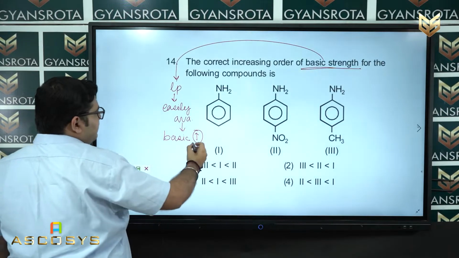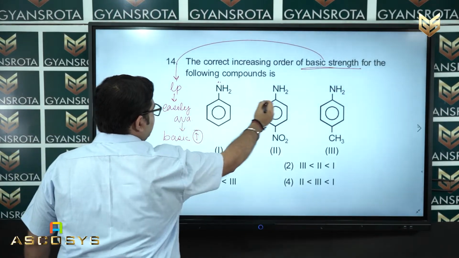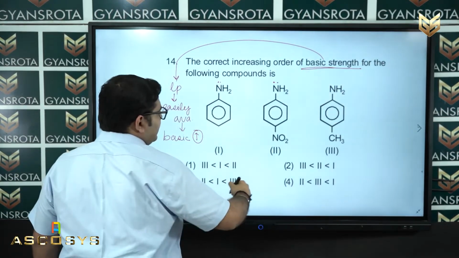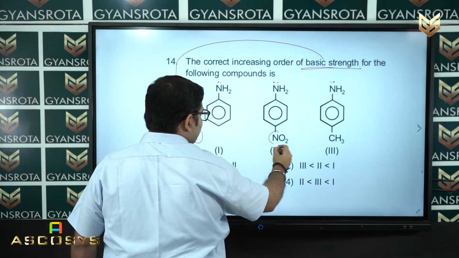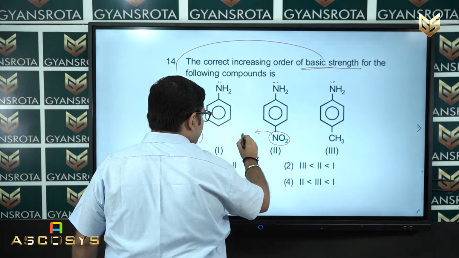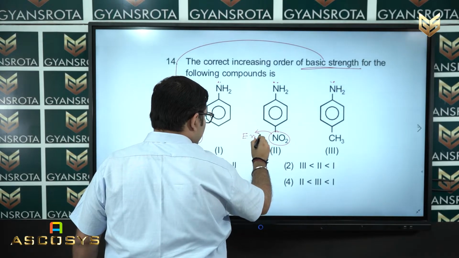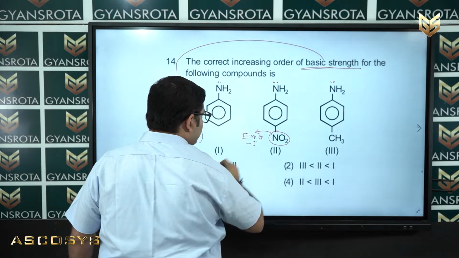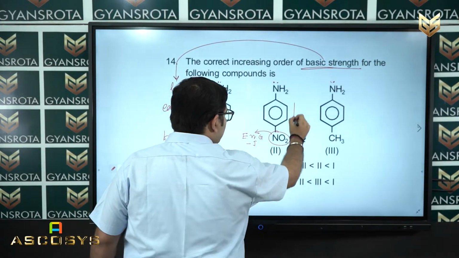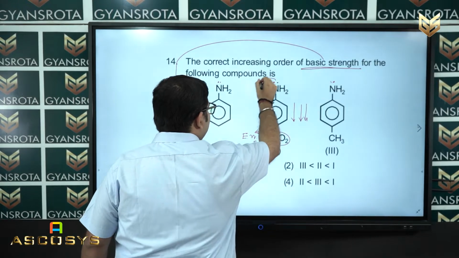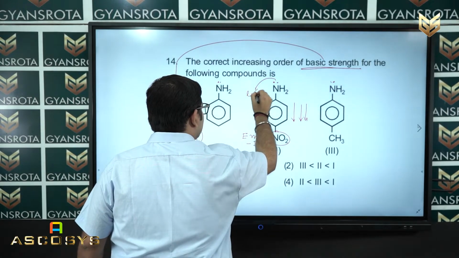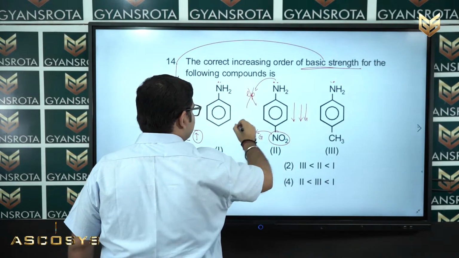Now, here this lone pair is present, here this lone pair is present, here also the lone pair is present. But in this case, this is an electron withdrawing group, or you can say this is a minus I group. So, what will happen? They pull the electrons towards itself. As a result, these lone pairs are not easily available.